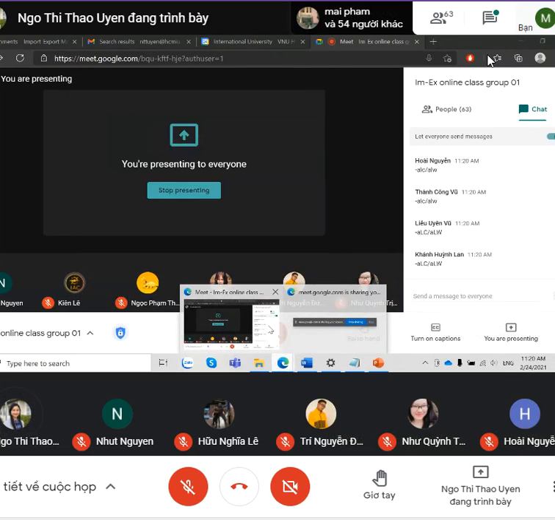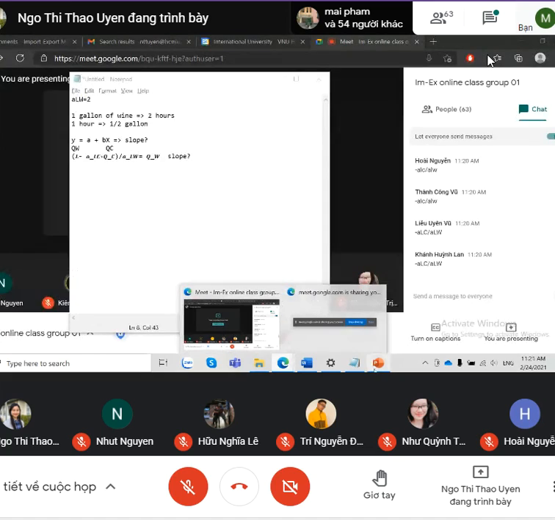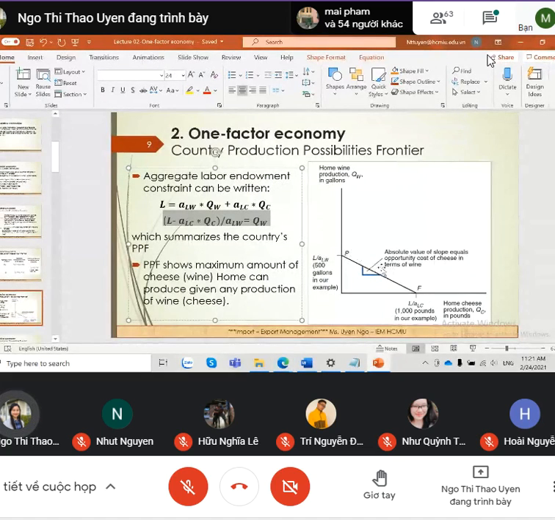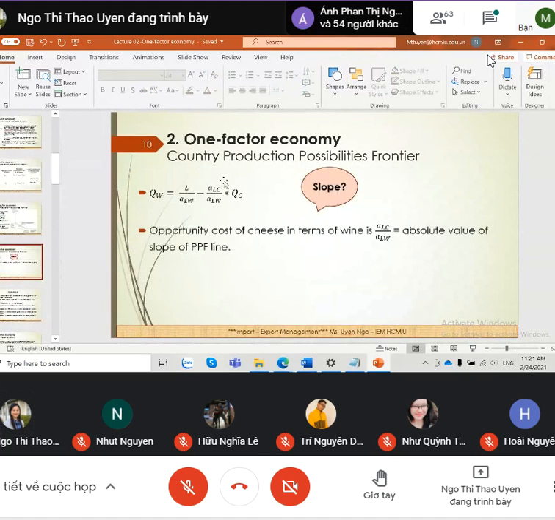And look at the line. It's downward sloping. It means that the slope is a negative number. See? So this is the slope.